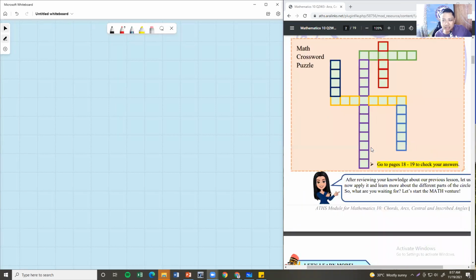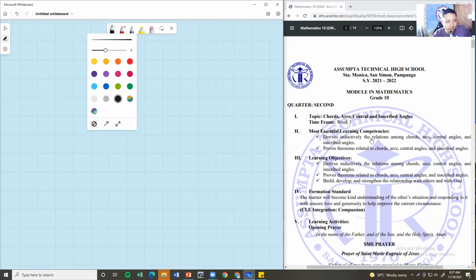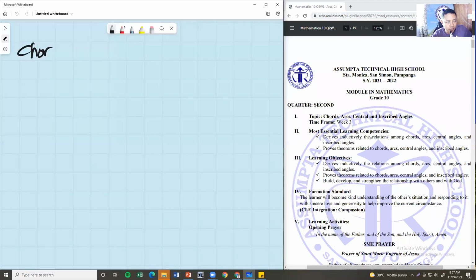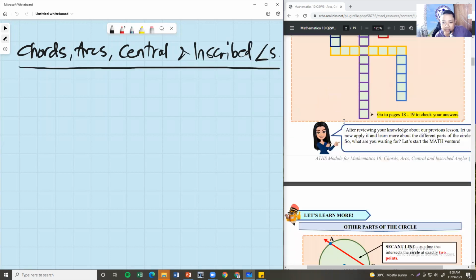Our topic actually is about chords, arcs, and then we also have central and inscribed angles. And these topics are so easy. So everybody, let's now start learning all this.